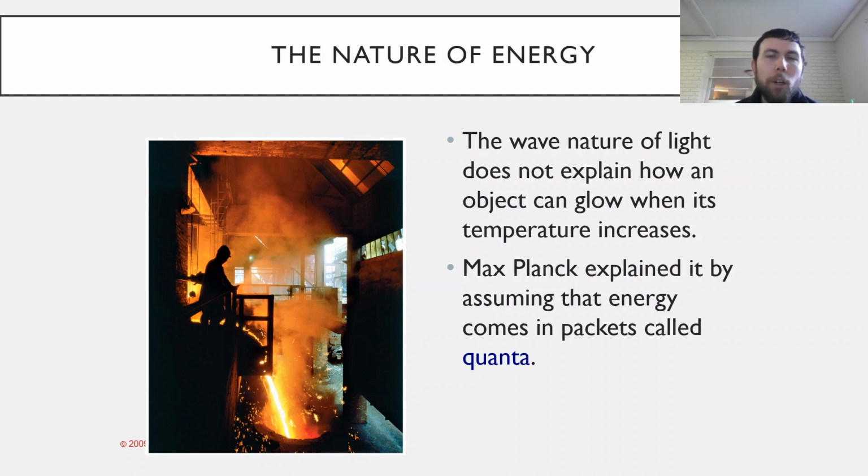So when we talk about an object, whether we're heating it, whether it's giving off light or giving off energy, it's going to give it off in these quanta, these packets, these specific amounts, right? And again, he used this as an assumption. He didn't know this to be true, but that's something that he wanted to test to see if that was actually a valid explanation for this phenomenon.